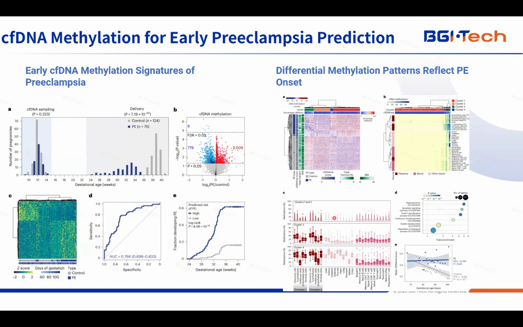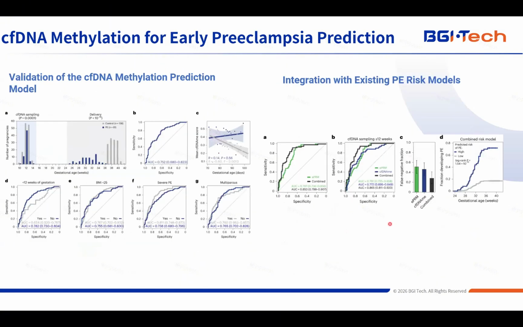Finally, the researchers further characterized these differential methylation signatures by analyzing their tissue origins, associated biological pathways, and genomic distribution. They then evaluated the model in an independent cohort of nearly 200 pregnant women.